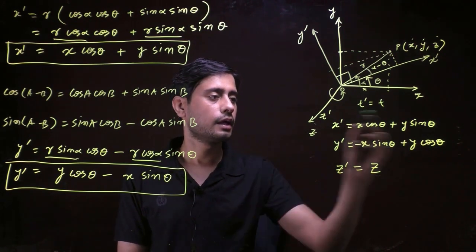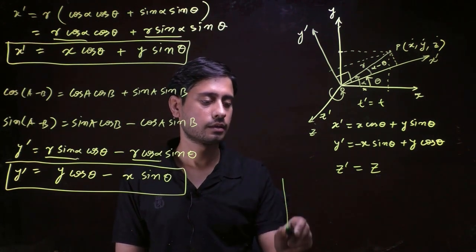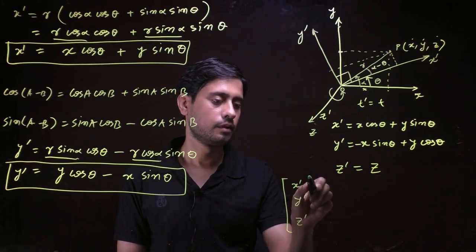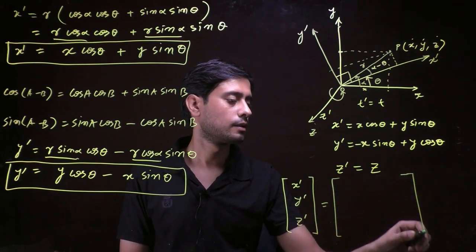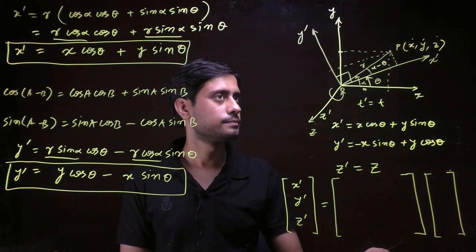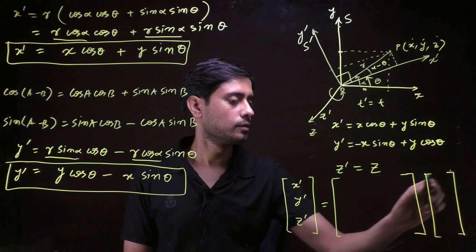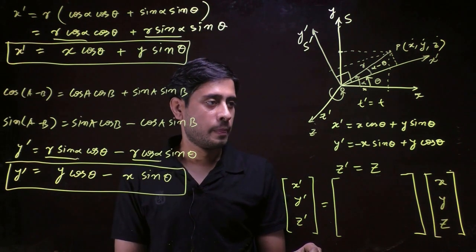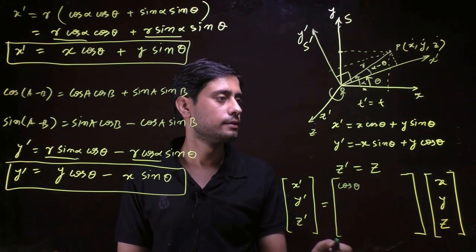If we write these three equations in matrix form, it will look like x prime, y prime and z prime, and obviously you should have a 3 by 3 matrix, and the coordinates of the S frame. This is your S frame and this is your S prime frame, so x, y, z. We have to multiply x by cos theta, so put a cos theta here.